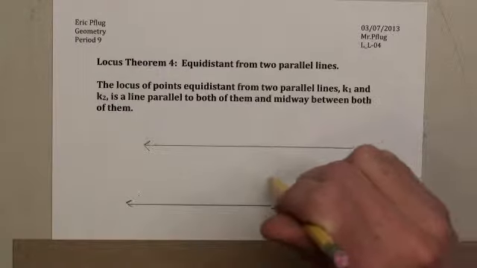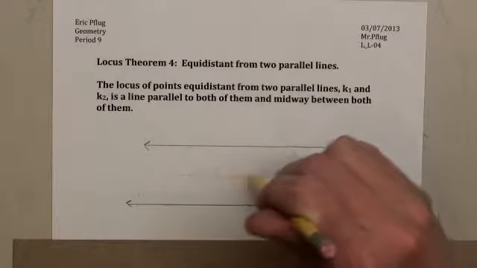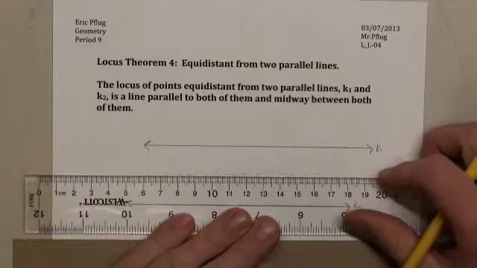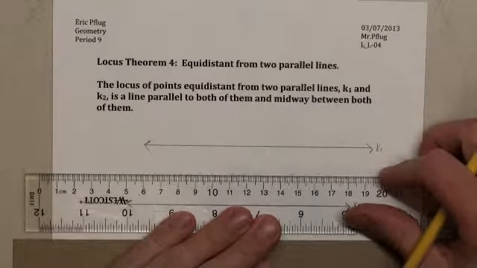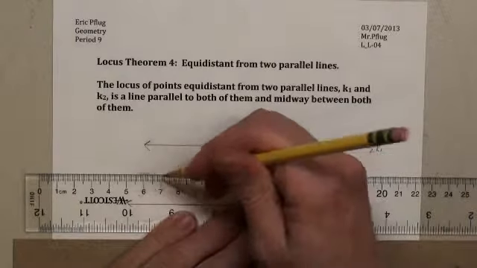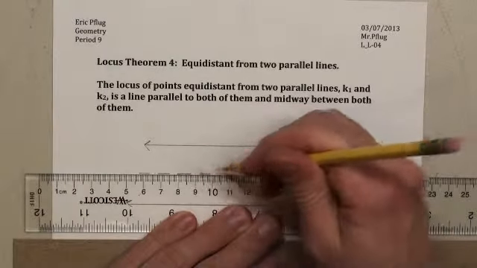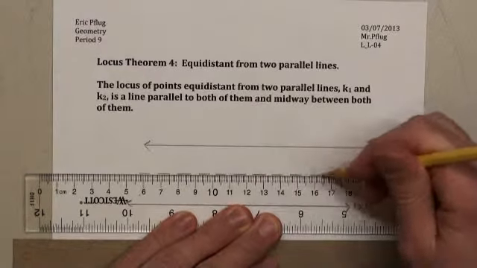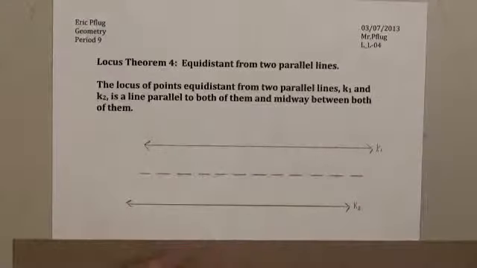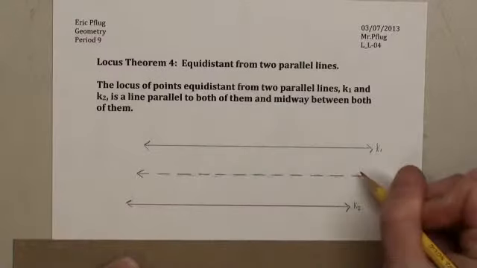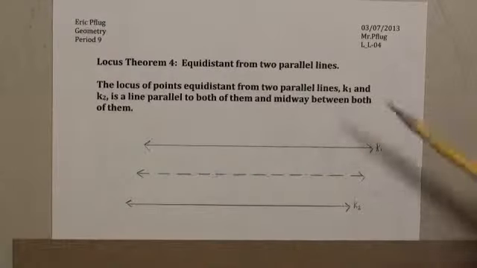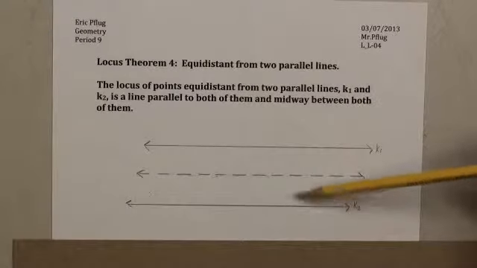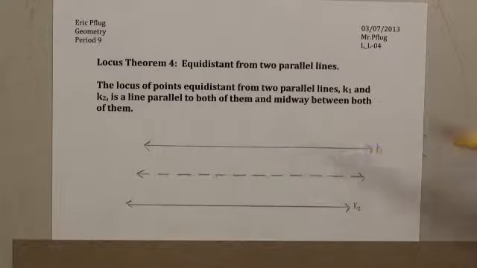And if you keep making more and more points, and you do that forever, eventually you form a line, because that's what a line is. A line is just a lot of points. You'd form a line directly in the middle of those two parallel lines. So all the points that are equidistant from these two lines lie on this line in between them. Okay?